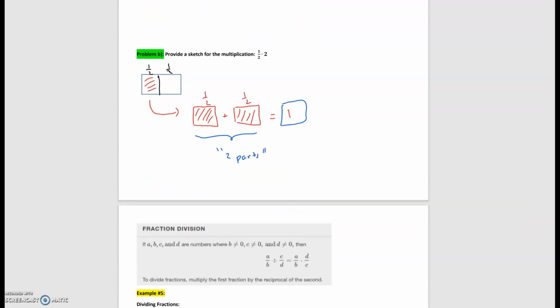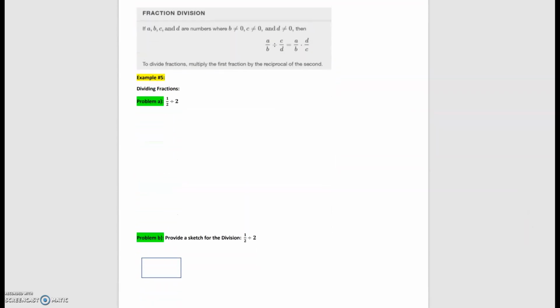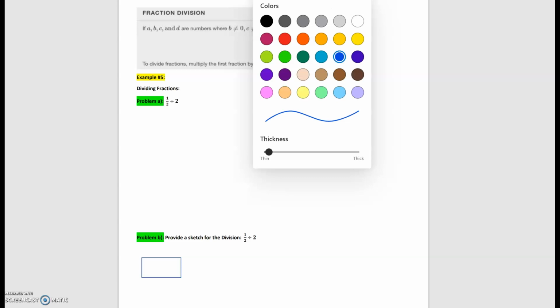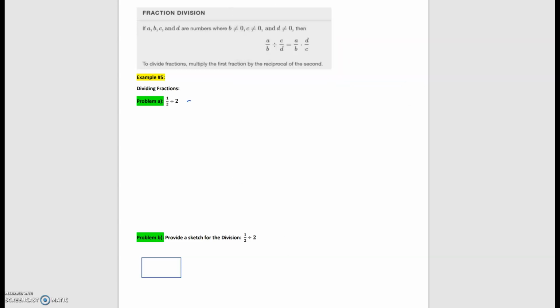Okay, let's take a look at the last property that will show up in this section, and this deals with division of fractions. In division of fractions, you're basically going to do the following. You have 1/2 that's going to be divided by 2 over 1. We're going to apply this property, which works on simplifying numbers as we're multiplying.